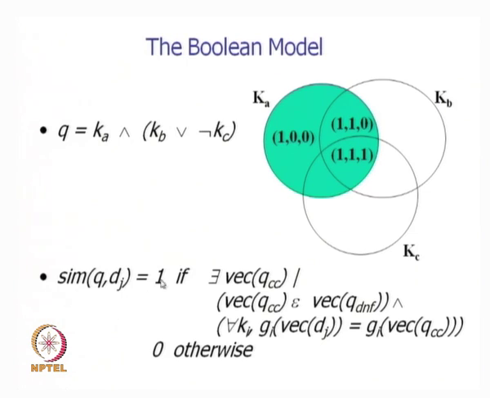Now, we say that the similarity of a query q and dj is 1 if there exists a conjunctive component of the query such that this conjunctive component belongs to the DNF expression for the query, and every weight component of the vector for the document matches the weight component of the query vector.